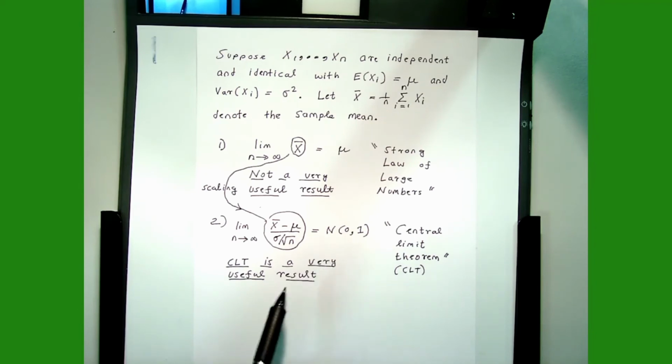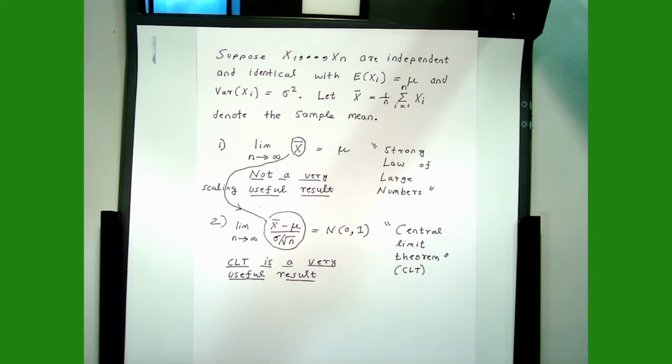And that's what I'm going to do with the distribution of the extreme value. Instead of looking at the limit of the distribution as n goes to infinity, I'm going to look at the limit of the distribution of the extreme value after it has been scaled.